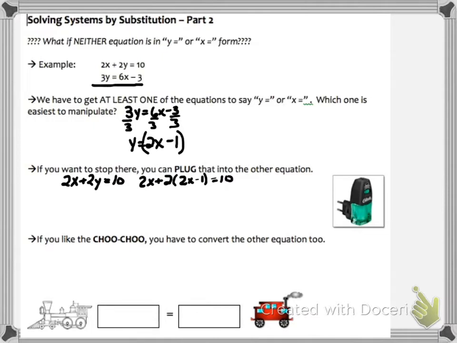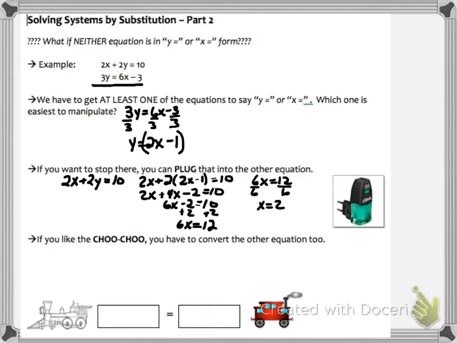At this point I could solve, and so if I solve here I'll get 2x plus 4x minus 2 equals 10, which is 6x minus 2 equals 10. And I could add 2 to both sides, and I'd get 6x equals 12. I'll rewrite that here off to the side. 6x equals 12, divide by 6, and I would find that x equals 2.